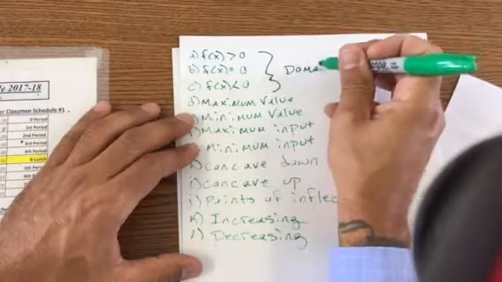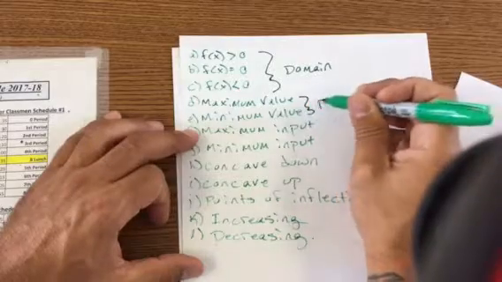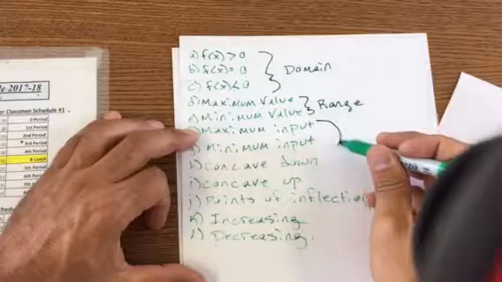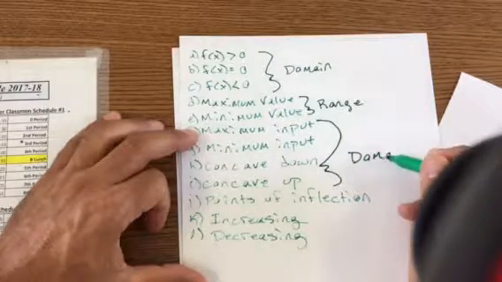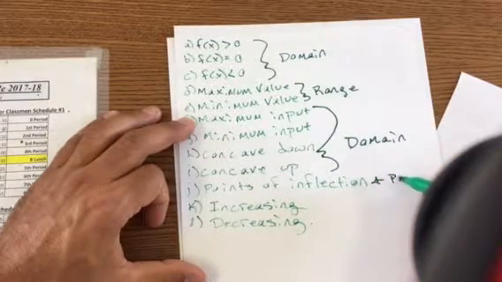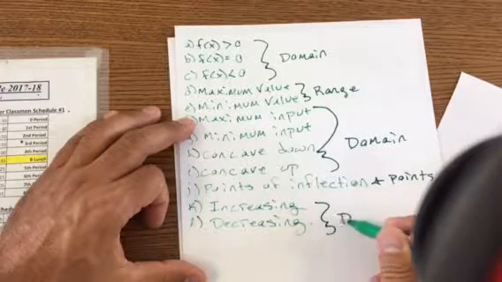I apologize. These are happening to my range. These are happening to my domain. These are points. And these are happening to the domain.